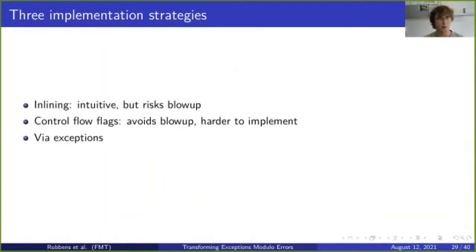Then there's the control flow flags approach, which solves the problem of the blowup by setting a flag when control flow changes, and then whenever an ambiguity arises, you can inspect this flag to see what control flow needs to happen. But it's harder to implement because there are more variables to manage. We didn't like this. And the third way to solve this is to implement the control flow and finally by converting to exceptions first, and I will show how that works now.